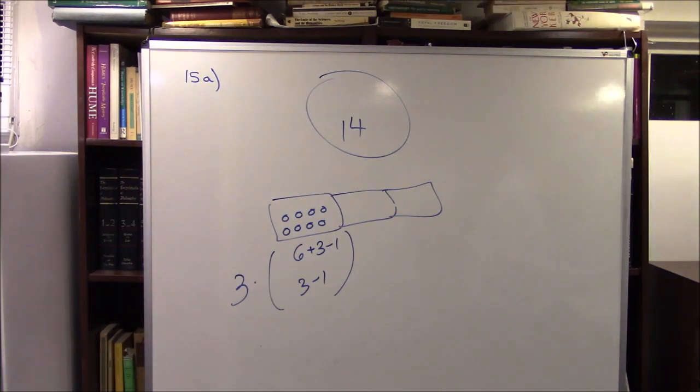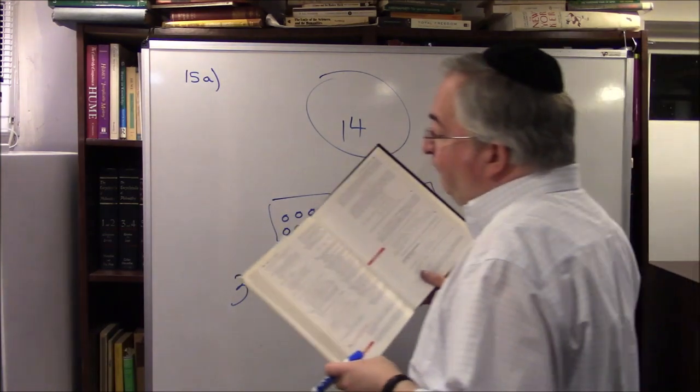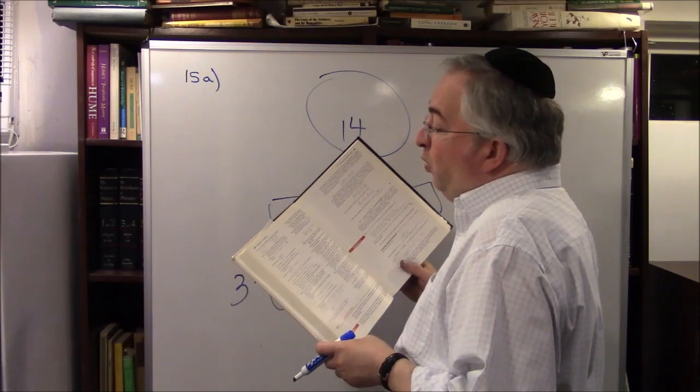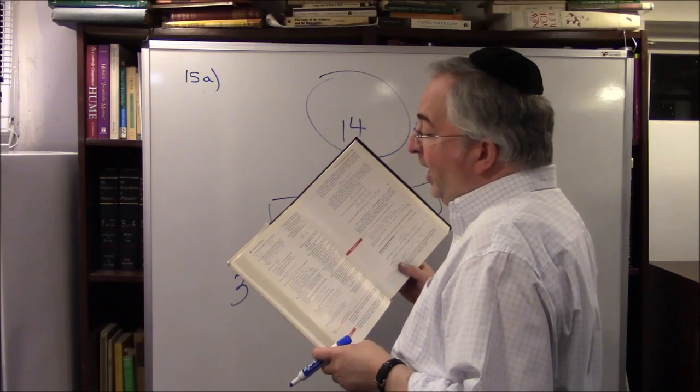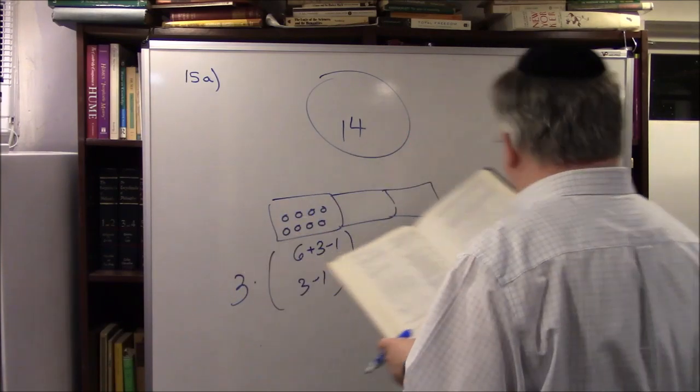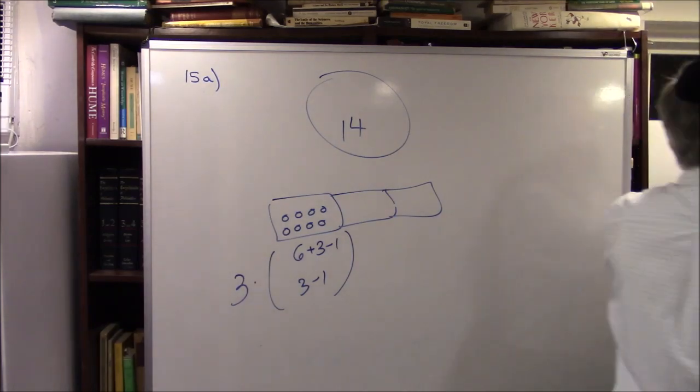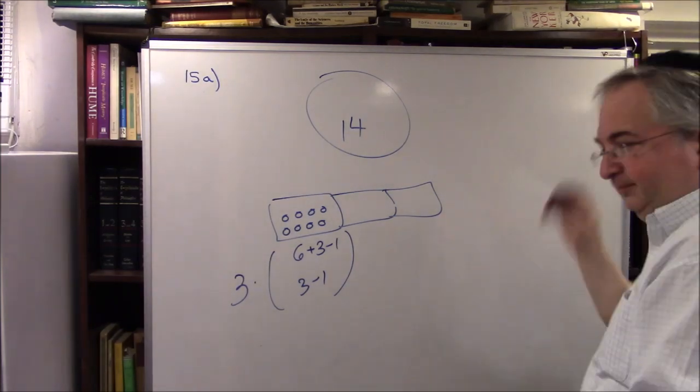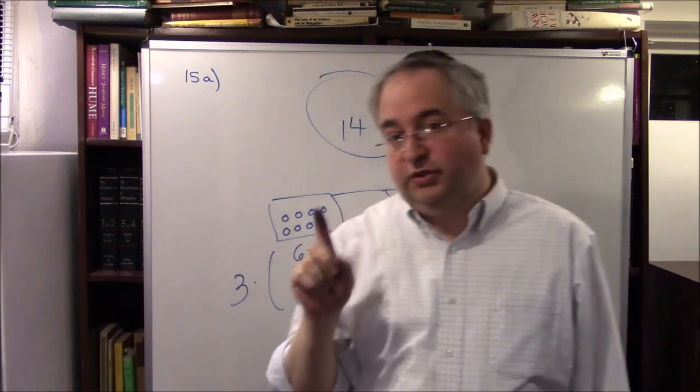Great. Okay, let's do part B. How many ways are there to put 14 objects in 3 boxes with no more than 7 objects in any box? No more than 7 objects in any box. See, the word no is there.